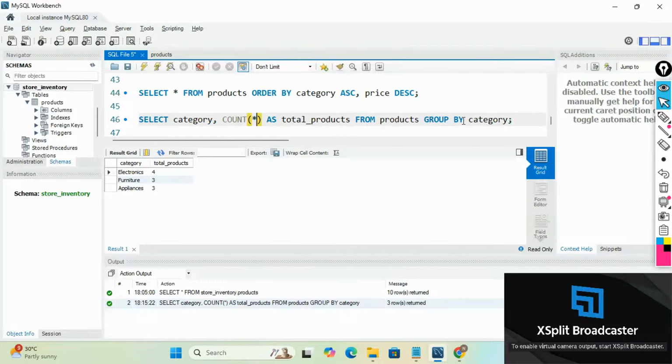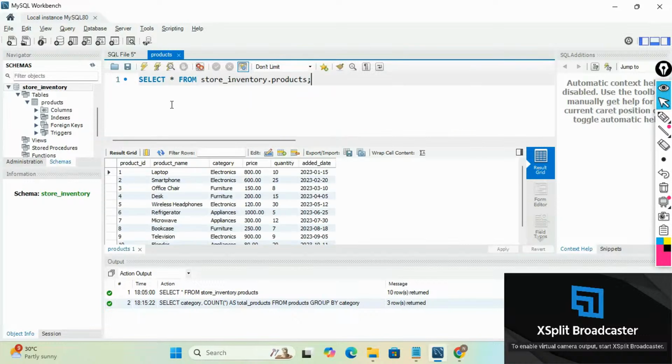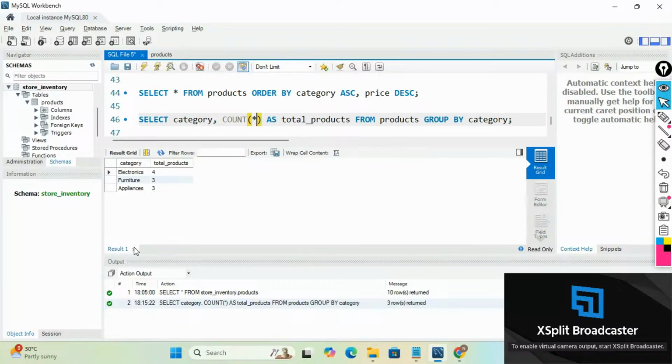Now we are able to map. Whatever we are learning, map it with the real world, because in the real world, you will not have 10 records. Probably you will have 10 million records, or 1 million records. I hope it's making sense.